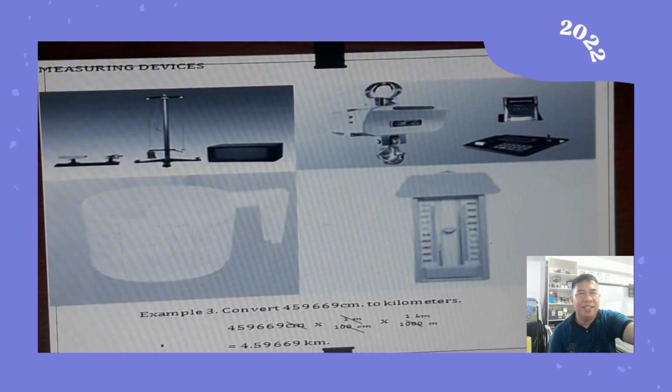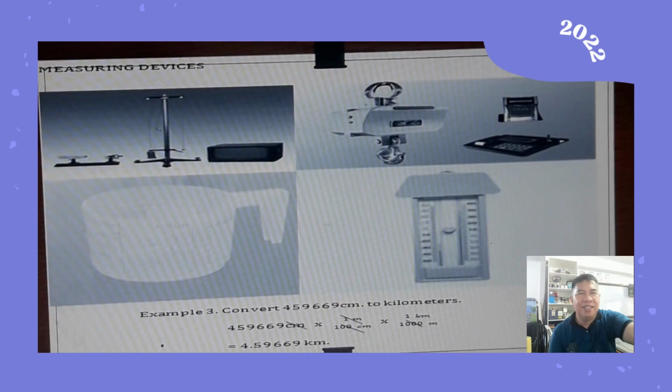We use the ratios and proportionate them accordingly to eliminate the unit, the unit of length rather. And of course, you have to multiply and divide if there is a denominator in a fractional value.